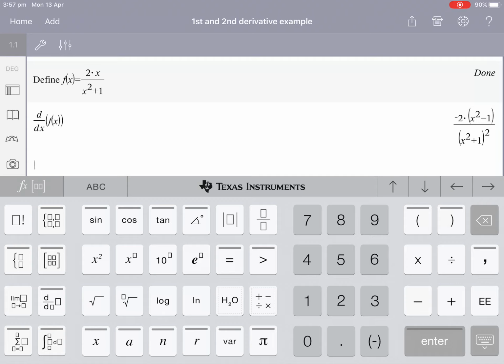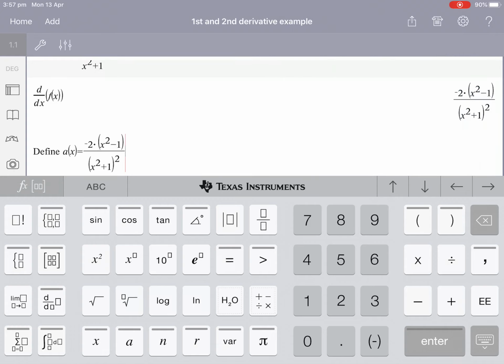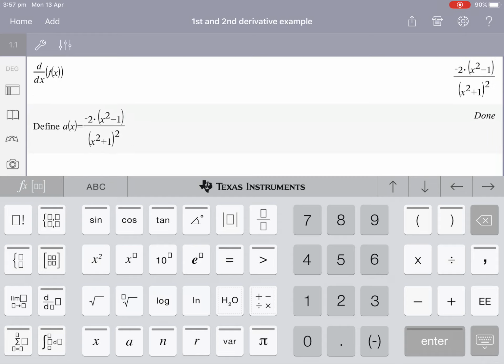Now I did f of x for the first derivative, so let's go define, let's call it a of x. I've just chosen a different letter, and I want it to equal that equation right there. So my first derivative is a of x now. Hit enter. Cool, so that equation's defined.